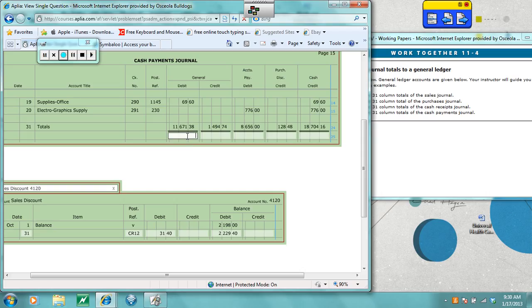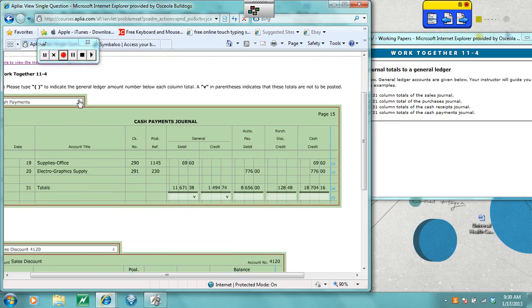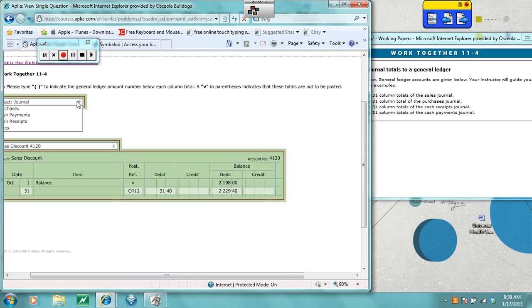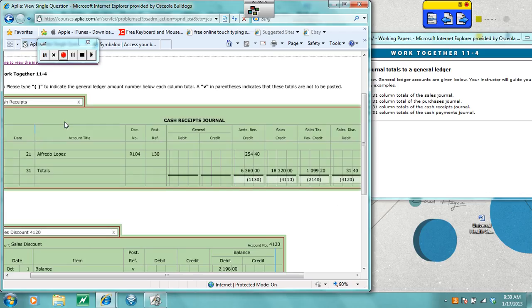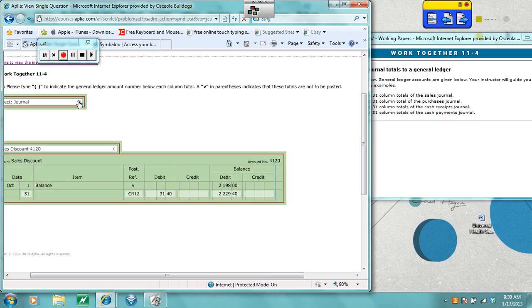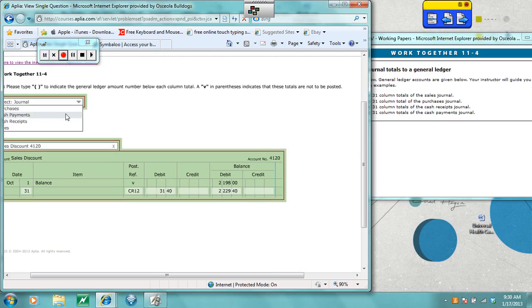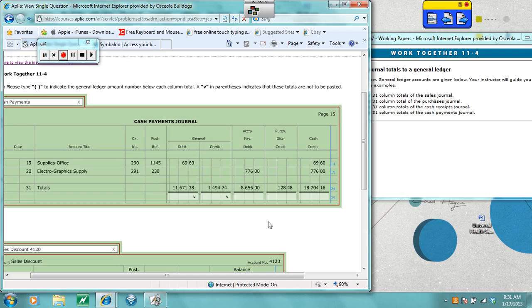We're going to put a check mark here, because when they're individuals, we posted them already to these accounts. So check mark. I wonder if I was supposed to have done that. Let me go back to cash receipts journal. See, they didn't give us a chance. So, okay, I didn't mess up. I have to check those other ones out too.